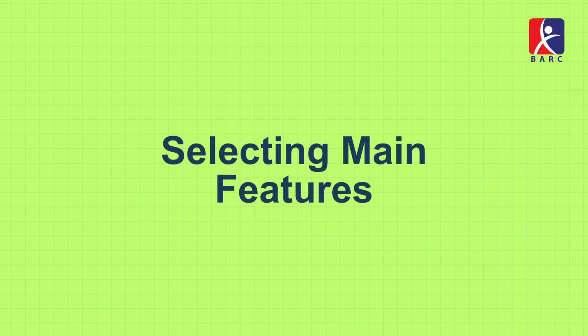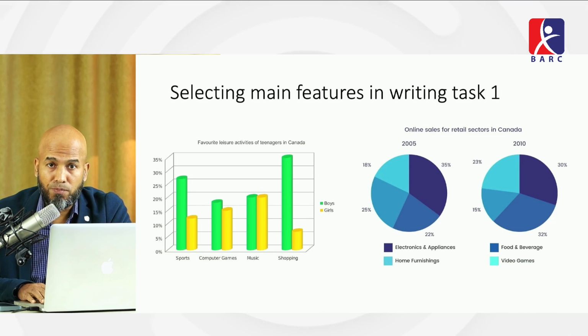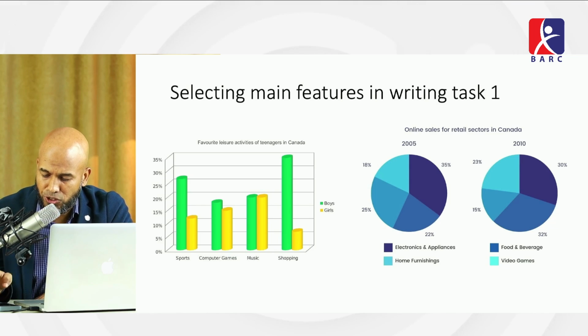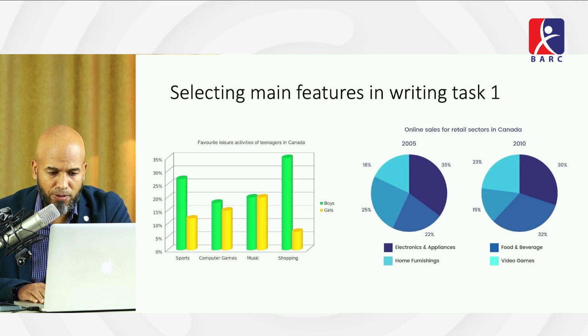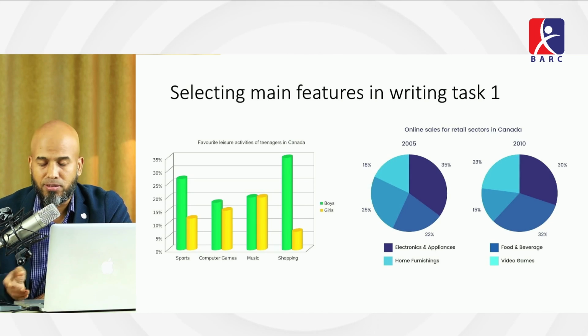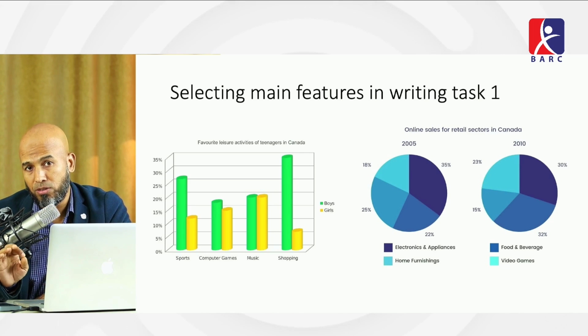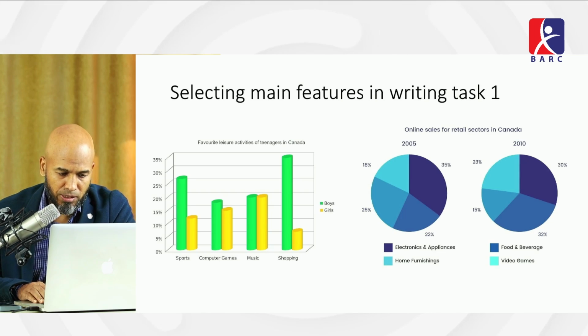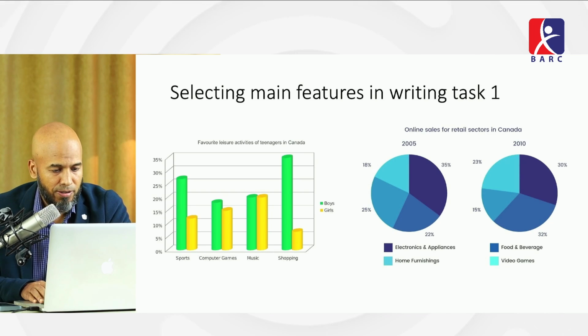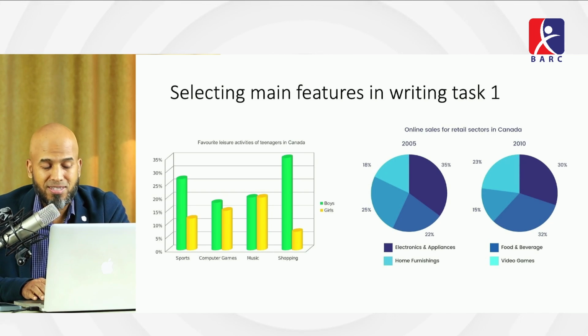Selecting main features in writing task 1. So how to select main features in writing task 1? There are generally 2 different kinds of charts and graphs. One is dynamic and another is static. If there is a time or duration period written in the chart, for example, if you consider the pie chart here, you see 2 different times.